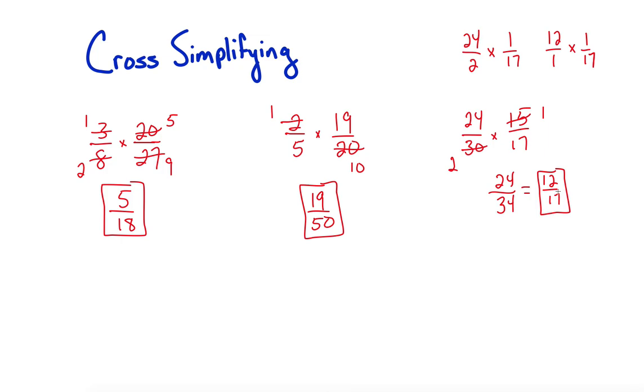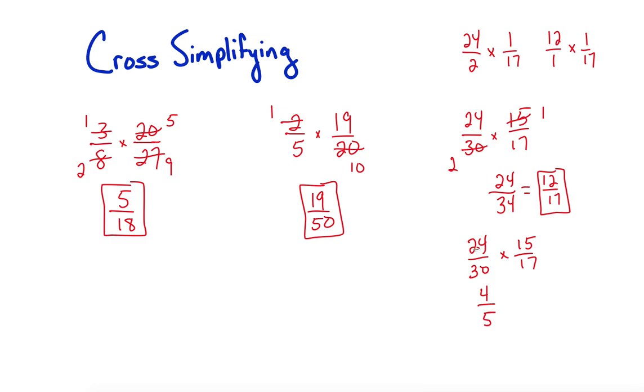Okay? So again, just to do this a different way, if I take the same exact problem, let's say I look at this, 24 over 30. Let's say I just reduce this fraction first. Well, 6 goes into 24 4 times, and 6 goes into 30 5 times.